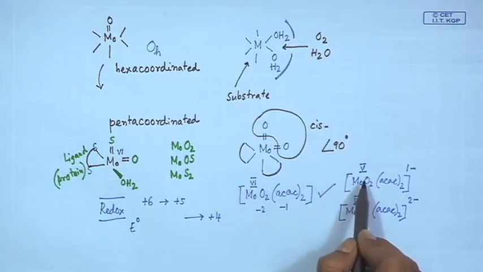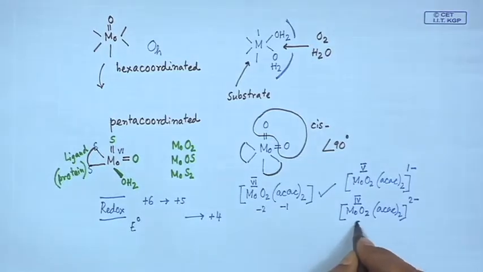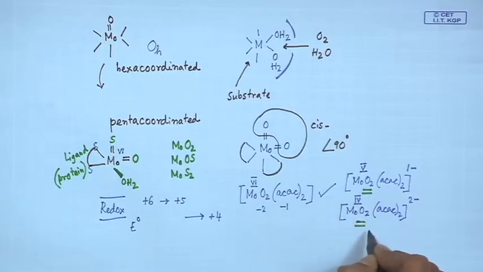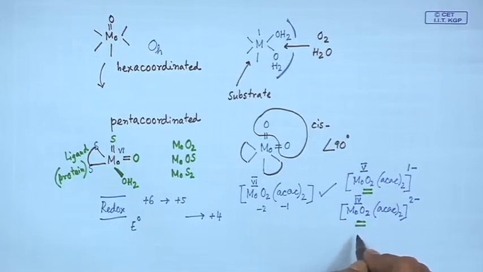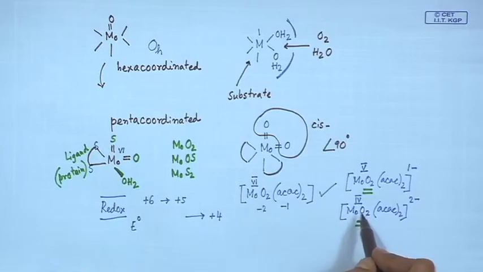So, when we try to reduce it to +5 or +4, we do not need so much of this dioxo function, particularly in the +4 oxidation state, we do not need so much of this dioxo stabilization for the molybdenum center, because the molybdenum center we have produced from +6 to +4.